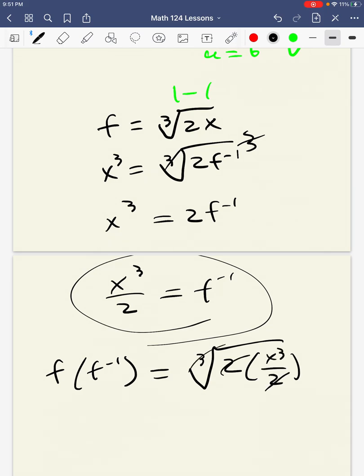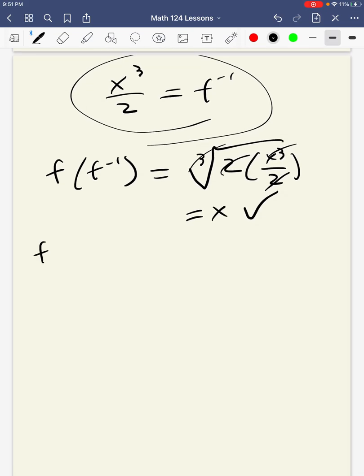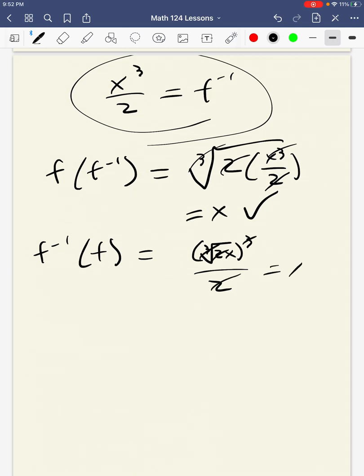So notice these 2's cancel, and then the cube and the cube root cancel, so we get an x. So we can be pretty confident this is the inverse. If you want to check the other condition, plug in the original function into the inverse. Cubes cancel out, and then the 2's cancel, and you get the x.